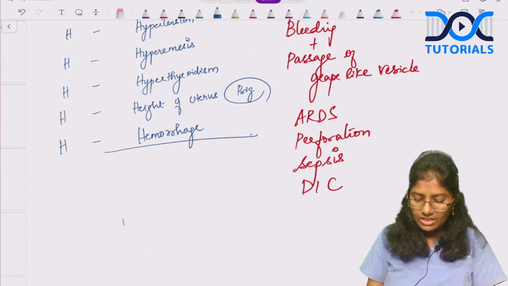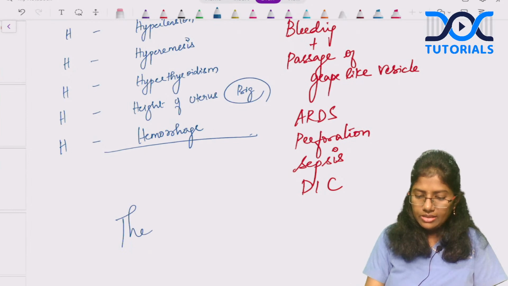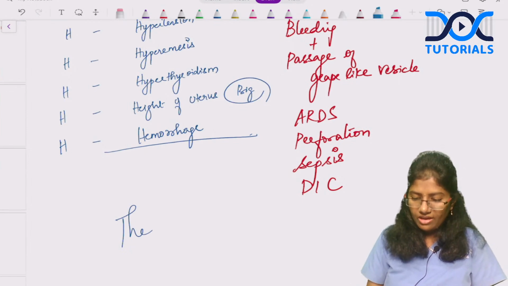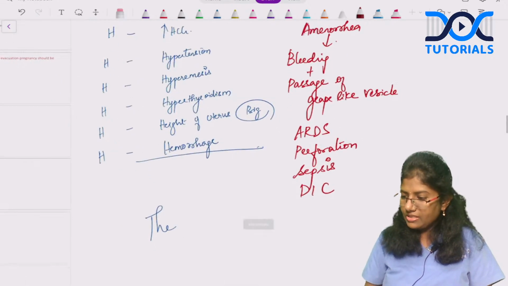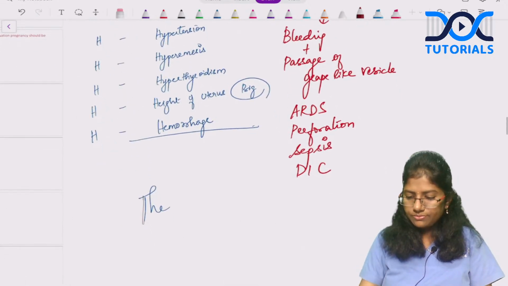These cysts are called theca lutein cysts. Very, very important MCQ point.